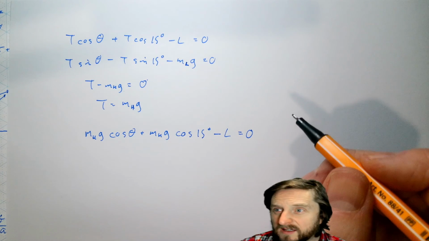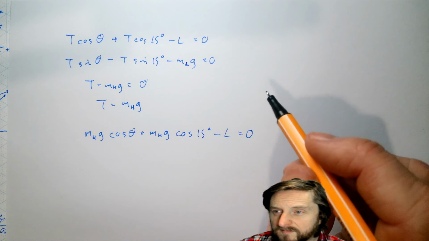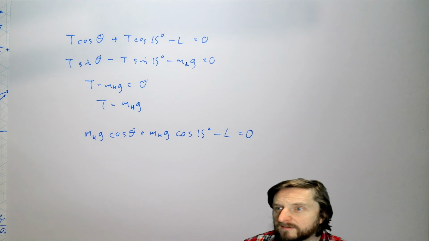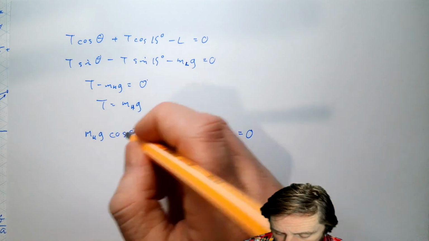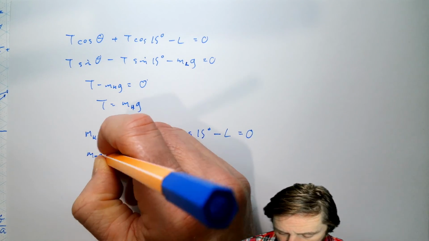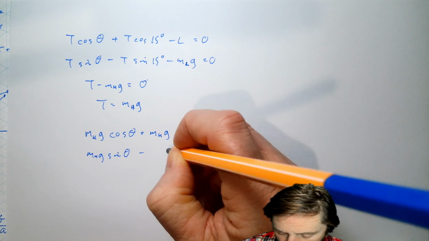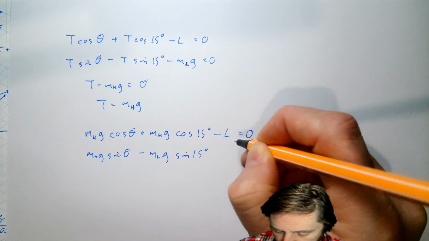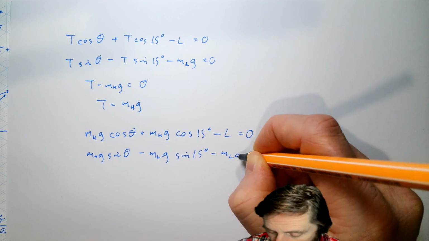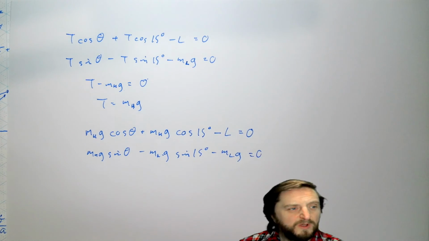And then we have m_H g sine theta minus m_H g sine 15 degrees minus m_L g equals 0.